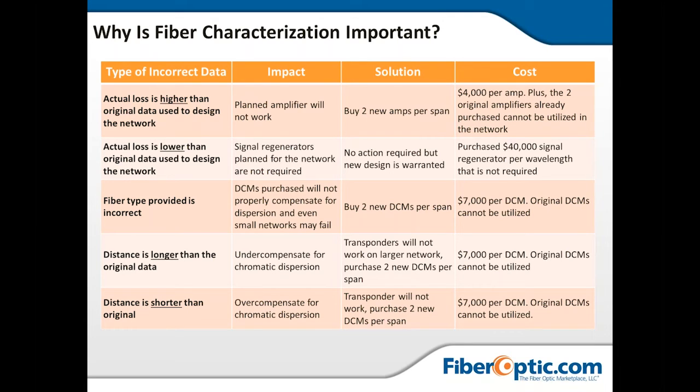Distance being longer, we're going to undercompensate for CD because we're going to have more fiber, more chromatic dispersion. Now we're still looking at that $7,000 per DCM. Or if it's shorter, we're going to overcompensate, which is going to push down too far and cause signal problems, so we're going to have to go out and change all of our DCMs. $7,000 a pop. All of these problems could be identified through full characterization testing.